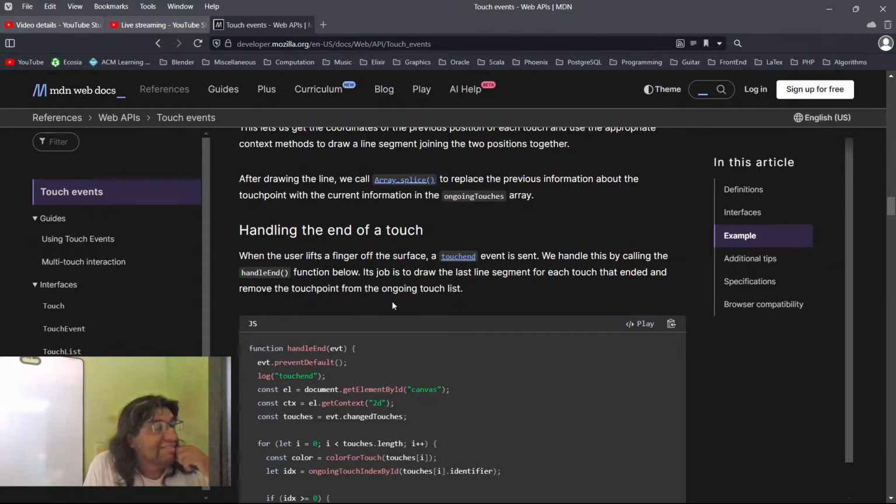When the user lifts a finger off the surface, a touch end event is sent. Touch end event is handled by the function below. Its job is to draw the last line segment for each touch and remove it from the ongoing touch list.